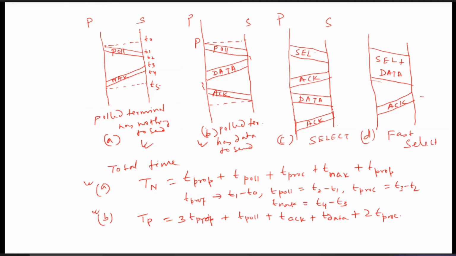Based on these, there can be four categories. First case, there is no data to send. The second case, it has data to send. Also data transfer can take place using select, and the operation can be reduced if you consider fast select. I have mentioned the timing diagram.